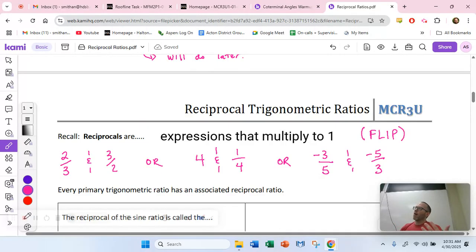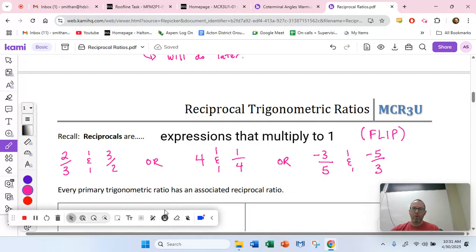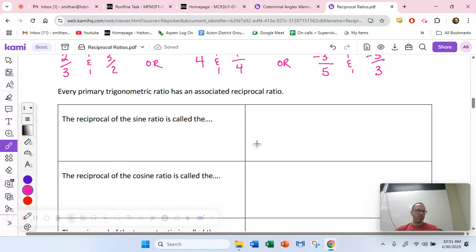So maybe you've guessed now about the reciprocal trig ratios. The reciprocal ratios are just our sine, cos, and tan ratios. They are just flipped. The reciprocal of the sine ratio is called, and this just rolls off the tongue really nicely, the cosecant ratio.